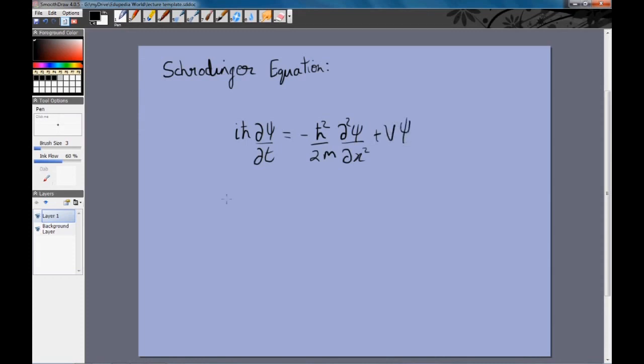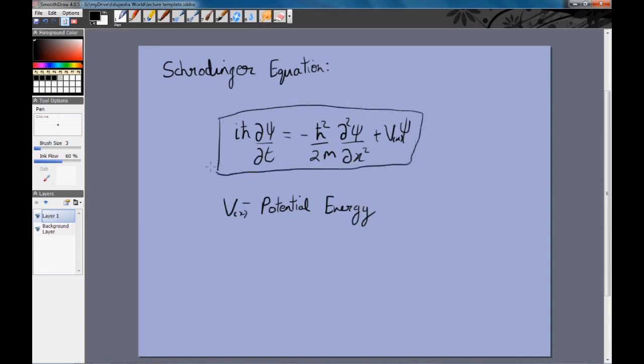V is the potential energy as a function of x. So I should write V of x. Right. So del psi by del t is basically the partial derivative.